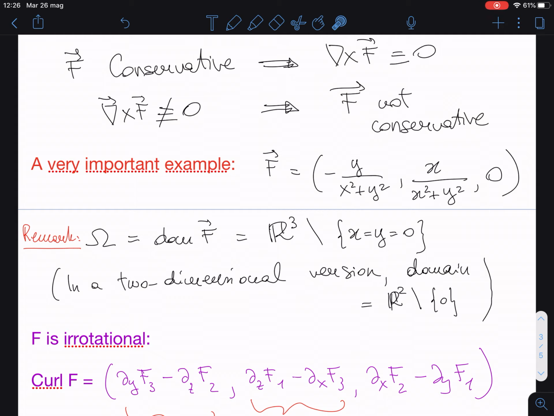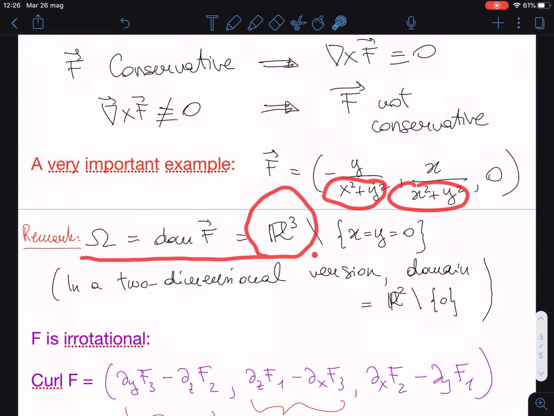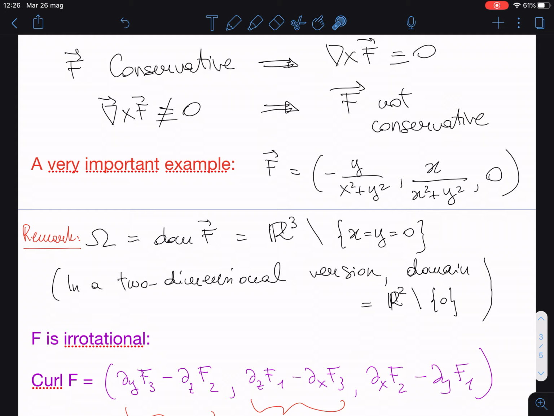So we just have to avoid that this denominator goes to 0. So we have that omega is made of all points of R3 except the z-axis, where both x and y are equal to 0. Okay?